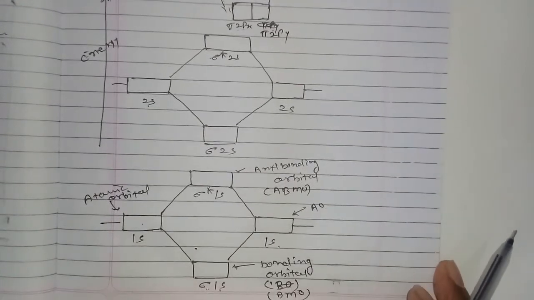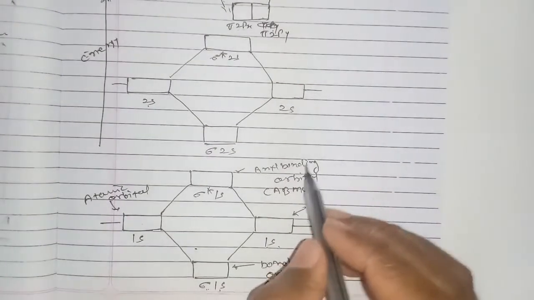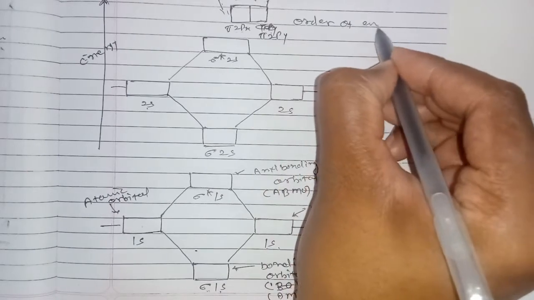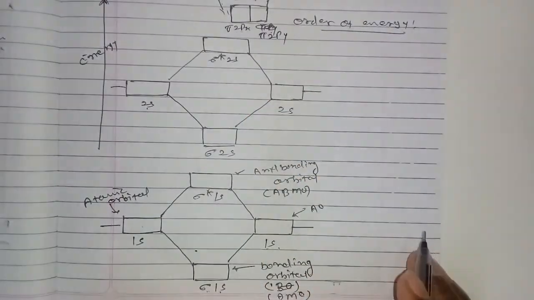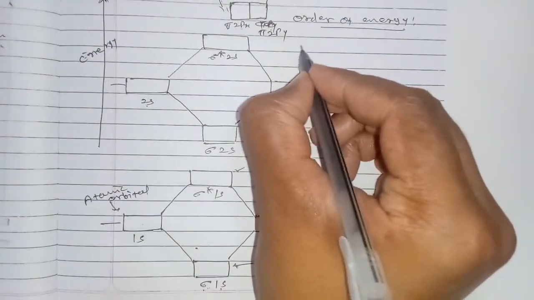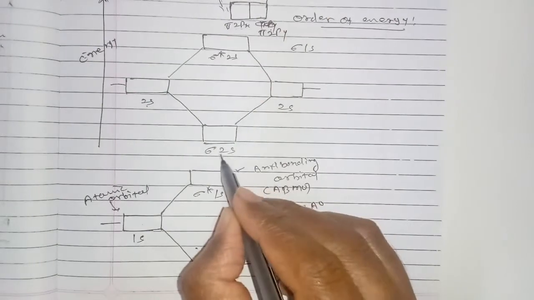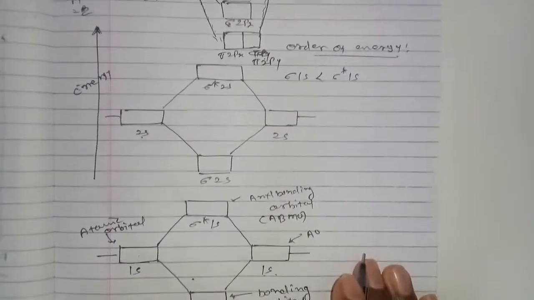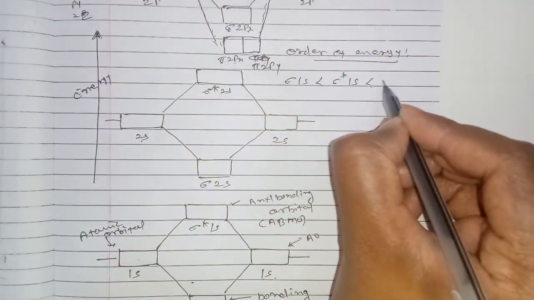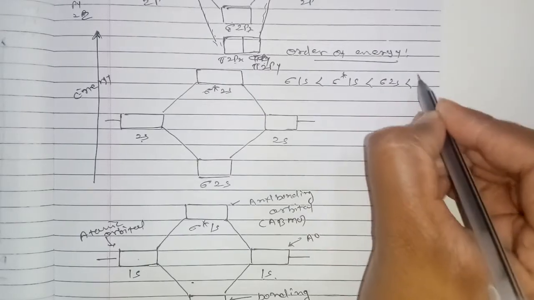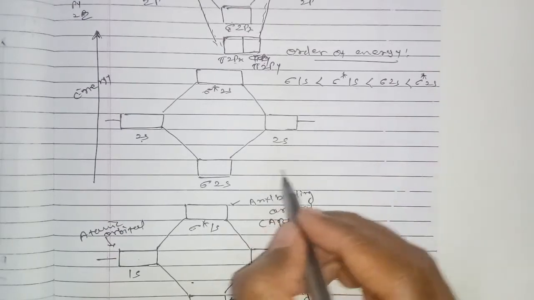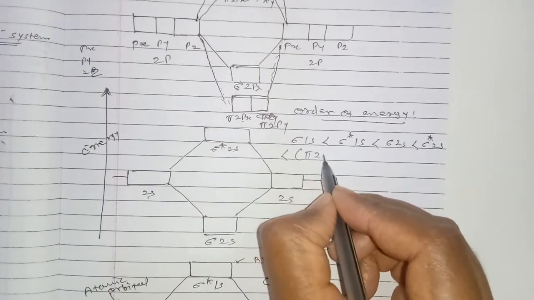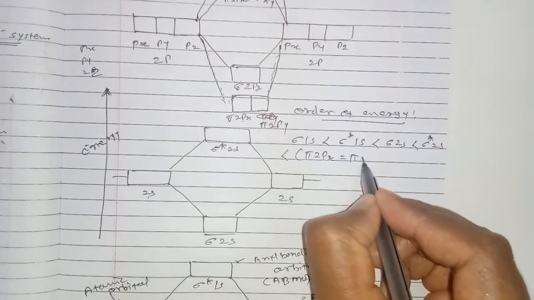Now the order of energy: sigma 1s is less than sigma anti-bonding 1s, which is less than sigma 2s, which is less than sigma anti-bonding 2s, which is less than pi 2px equal to pi 2py.